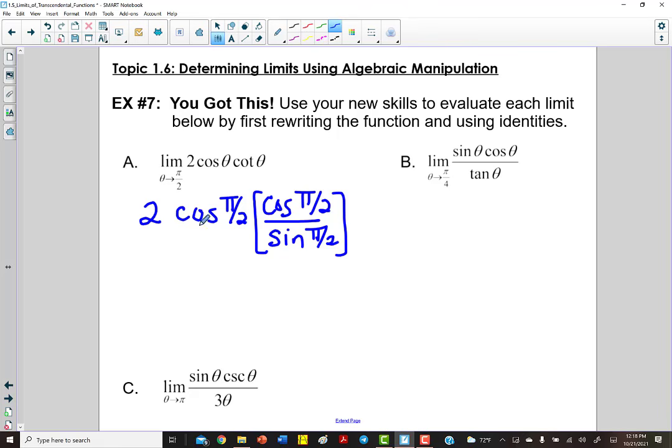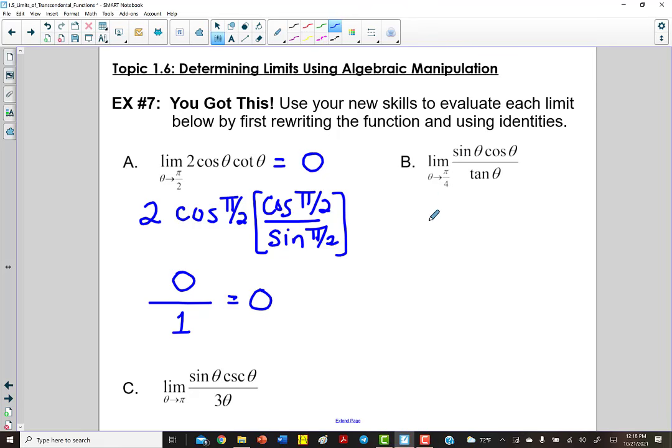Cosine at pi over 2 is 0, so we have 2 times 0 times 0, 0 in the numerator, divided by 1 in the denominator, and our limit is heading to 0 at pi over 2.